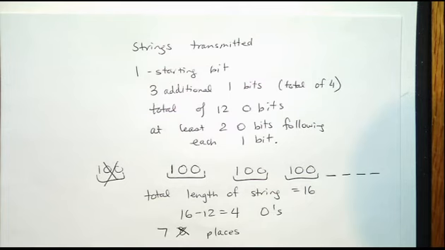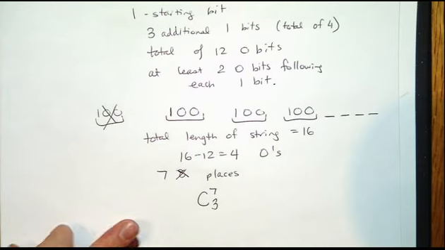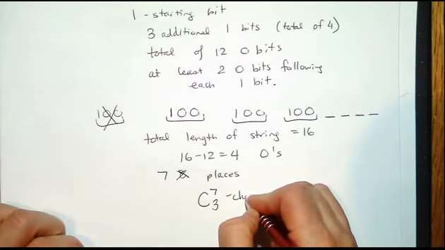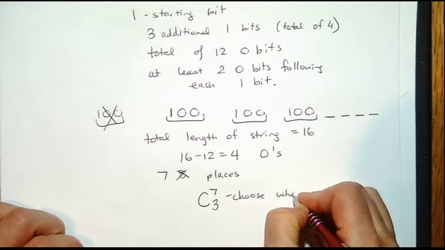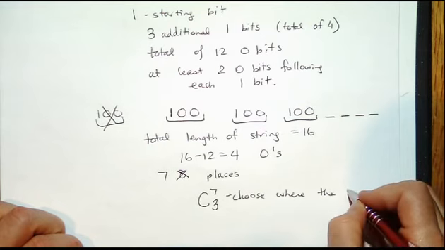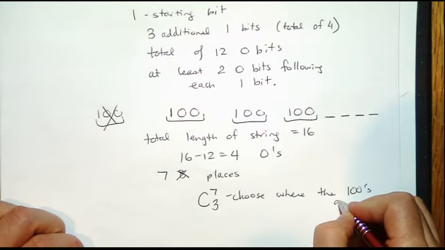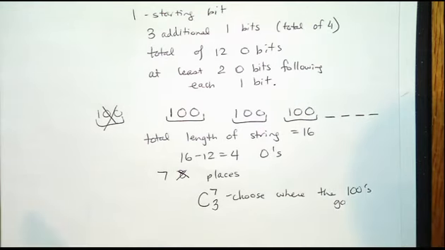So 7 places, I'm going to pick 3 of them to put the 100s, and then zeros automatically go in the other places.